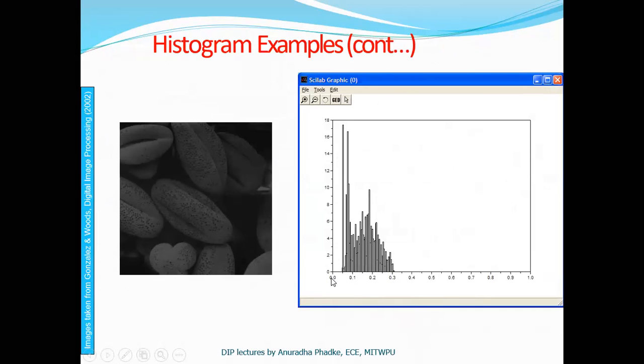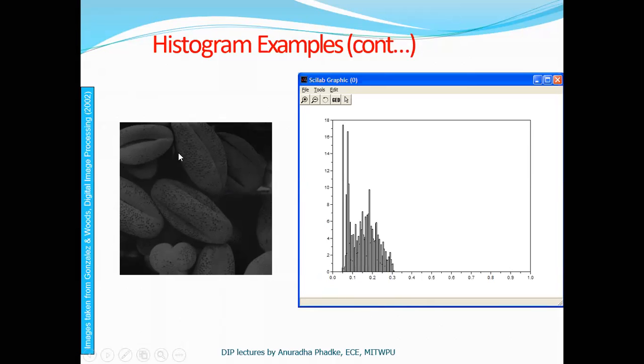Out of this total range, your input image is distributed over only one third of the available range. All your pixels are very dark and they take values between say 0 to 0.3. The available range is 0 to 1, but your input image has a distribution between 0 and 0.3.